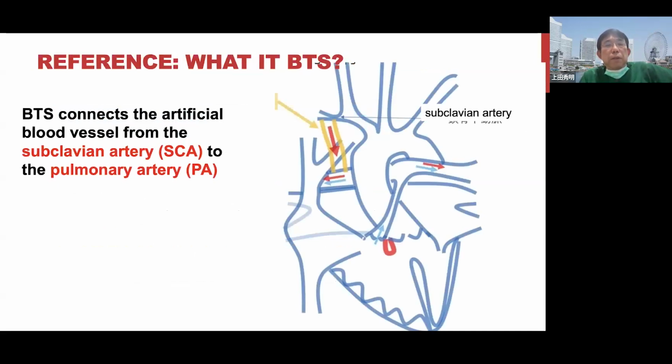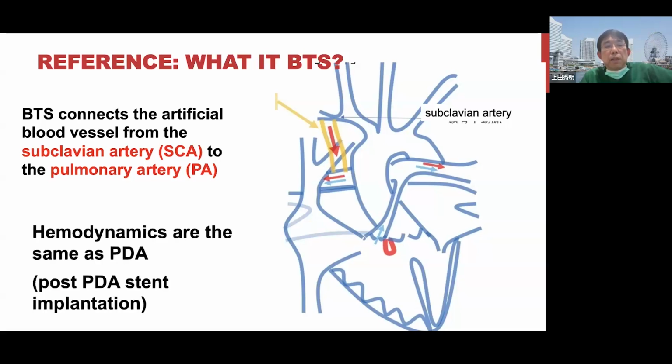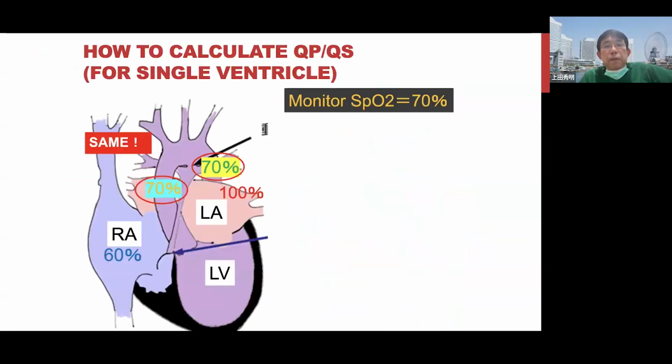So what does this mean for BT shunts? As the picture shows, there is an artificial vessel connected between the right subclavian artery and the right pulmonary artery, which means the hemodynamics are the same as with a PDA. And also, when we put PDA stents in the PDA, you can use the same formulas.